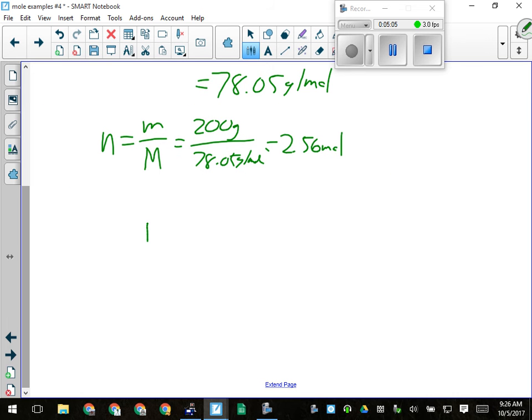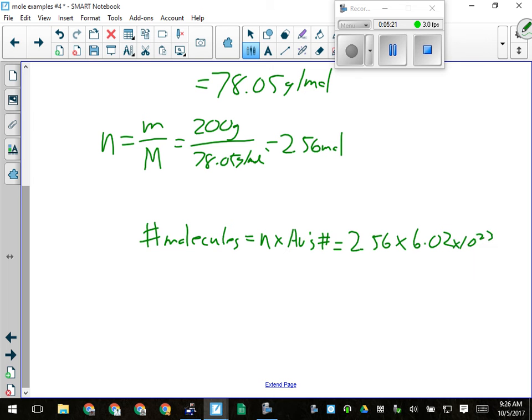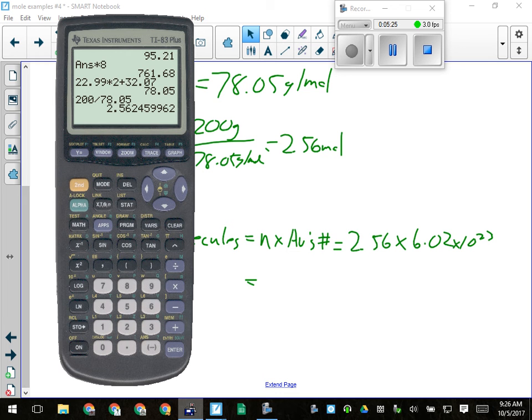So the number of molecules will equal n times Avogadro's number, which will be 2.56 with all the other decimals multiplied by 6.02 times 10 to the 23. I'll take that and go times 6.02 E23, which keeps all the decimals.